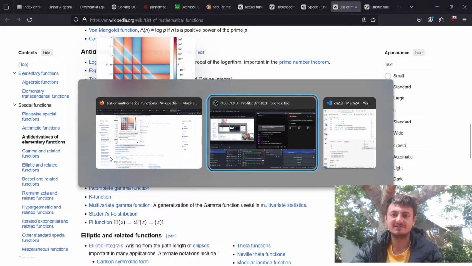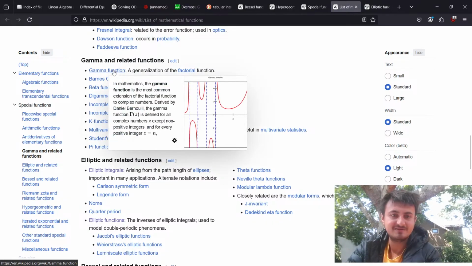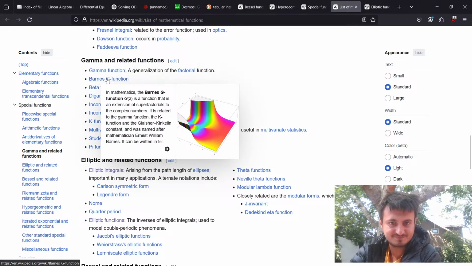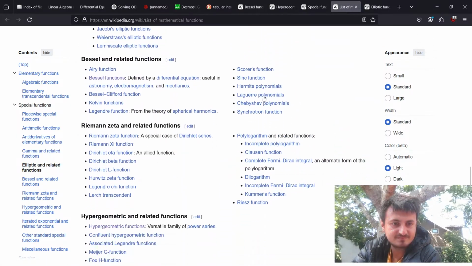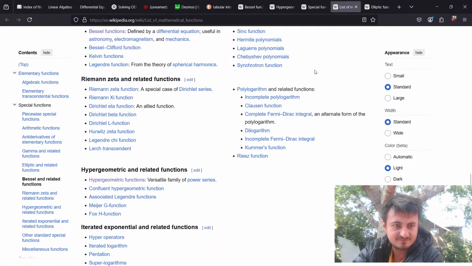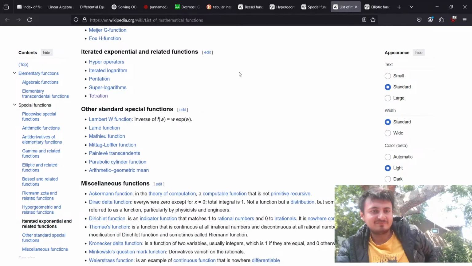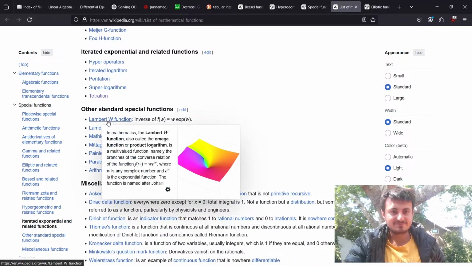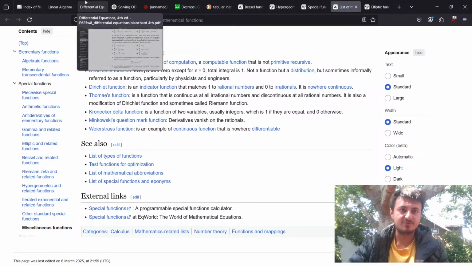I will say though, complex analysis is truly got the prettiest pictures, man. Yeah, see, Lambert W. I've seen this all over the place, but I don't know what this is. Anyways, it's all right. Pretty cool though.